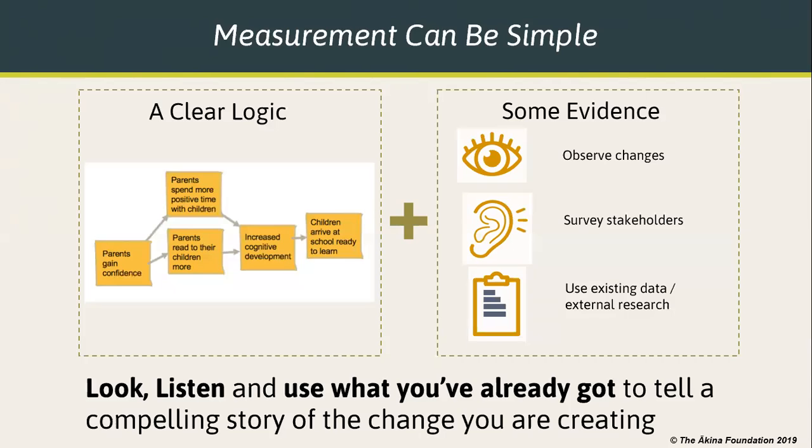So the survey, there we've just mentioned a few things. The observing changes, and I mentioned that with reference to facilitators of the parenting program. People who are your staff, your volunteers, yourself, can observe changes in how the customers behave or how the people that you're seeking to benefit change.